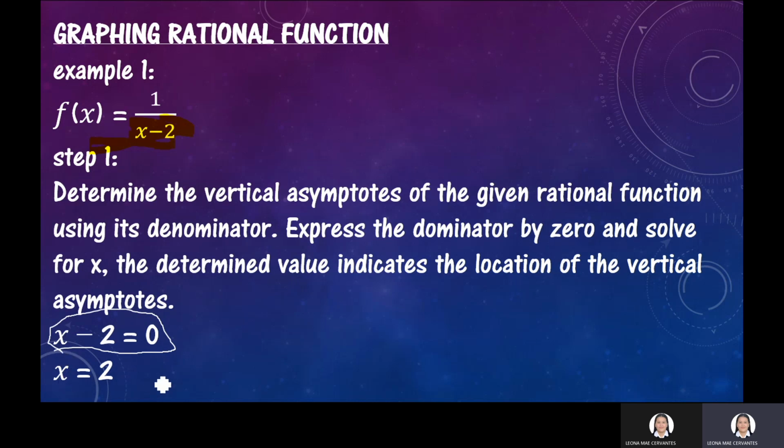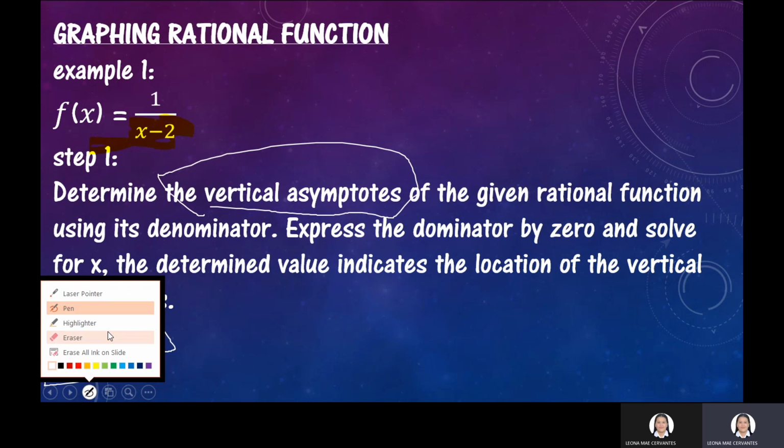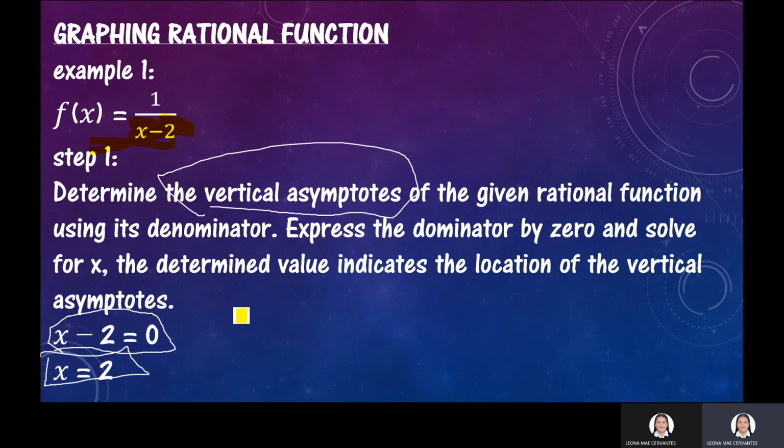Then x is equal to positive 2. Okay, so for example number 1, our vertical asymptote is x equals 2. Again, vertical asymptote.